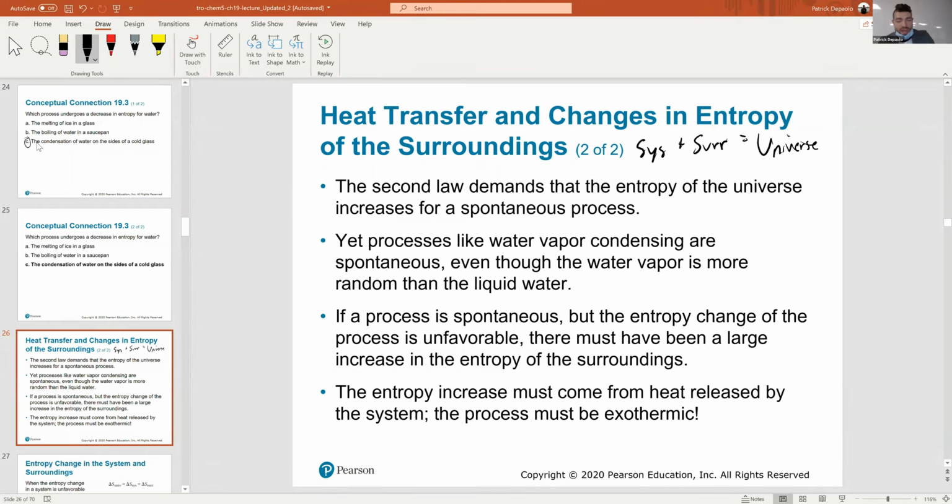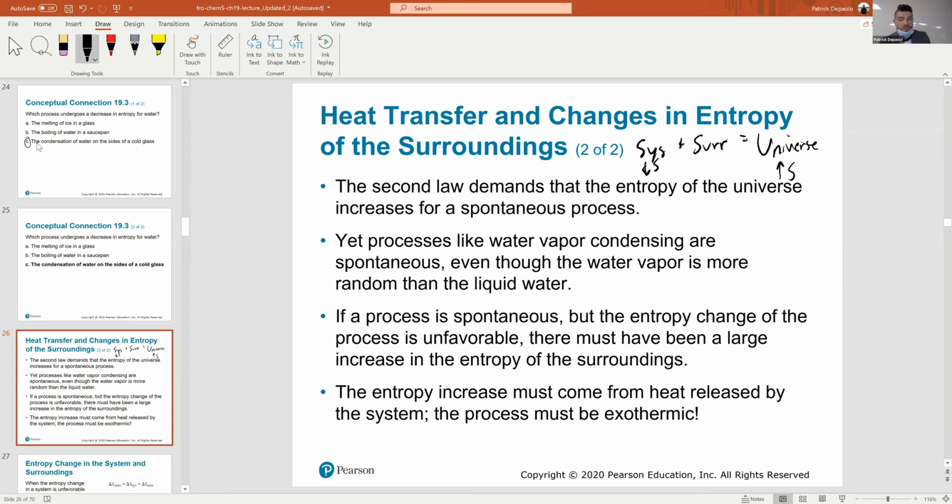For any spontaneous reaction, it is given that S of the universe increases. The system might decrease, for example, water vapor condensing to liquid. It's spontaneous, but the entropy of the molecules themselves decreases, because they're going to a lower state.